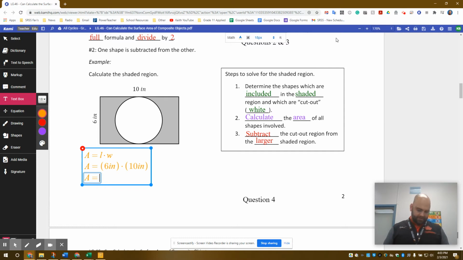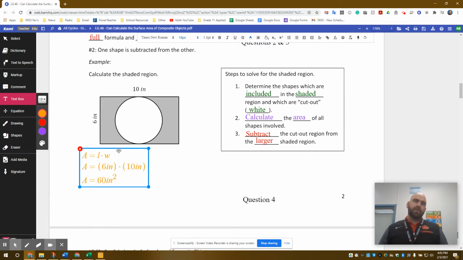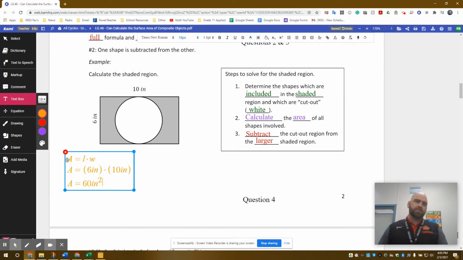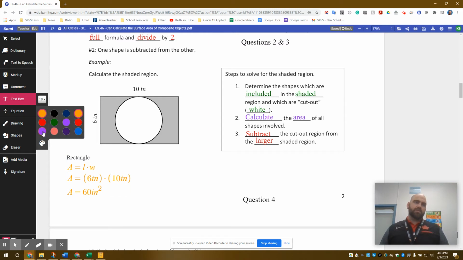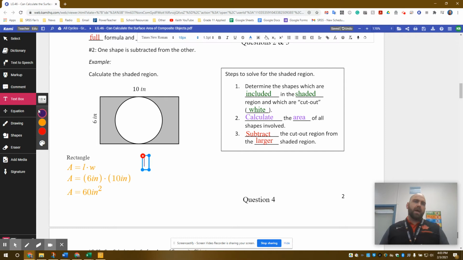So our area is 60 inches squared, and there's the area of our rectangle. This is our rectangle. There are times it's nice to know what piece we have and where our areas are. The next one is a circle.